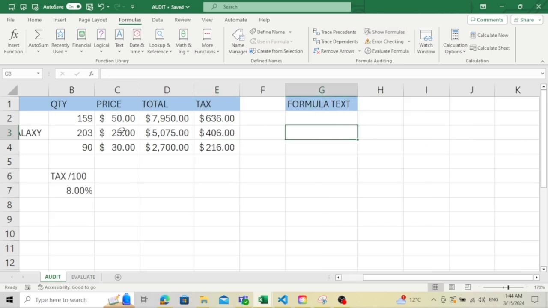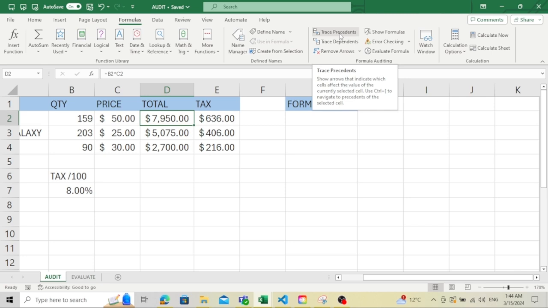So how do we use the precedents? If we want to find out what formula was used to get here, we can trace it. How? By simply going to your formula tab again and clicking on trace precedents. We can see that it gives us two dots here. So it says that this and that were traced to get that.